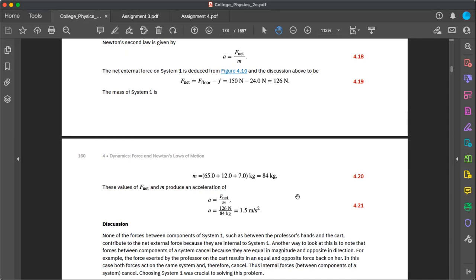The answer is 324 kilometers per hour. That's a very fast speed. I cannot reach it with my car.